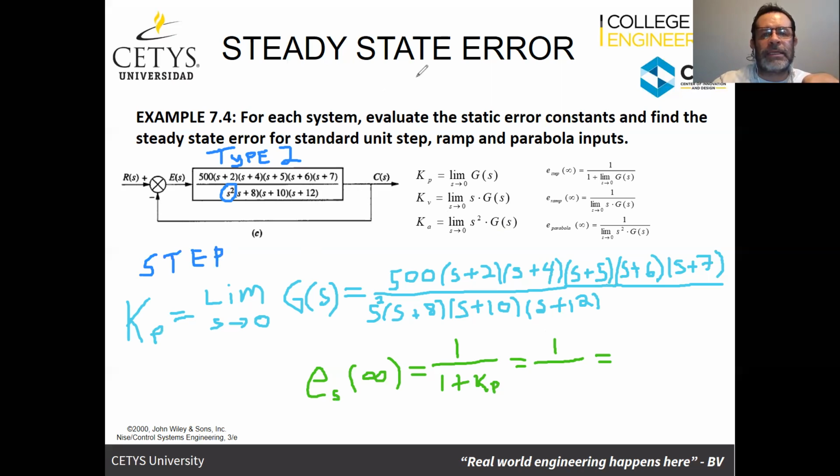Since the limit as S tends to 0 of G of S, and since we have an S in the denominator, this is going to turn the whole denominator 0, which really doesn't matter for the numerator, since the whole denominator is 0. And just to be congruent with the other examples, these all turn into 0 also.